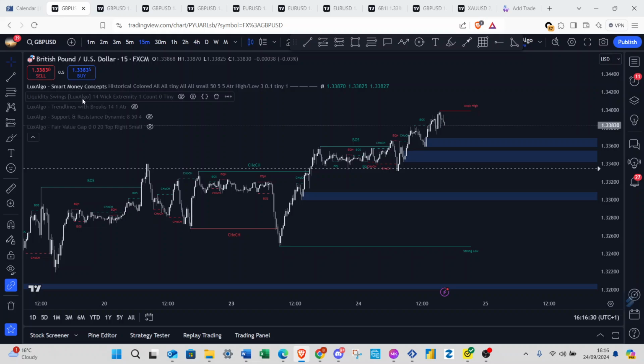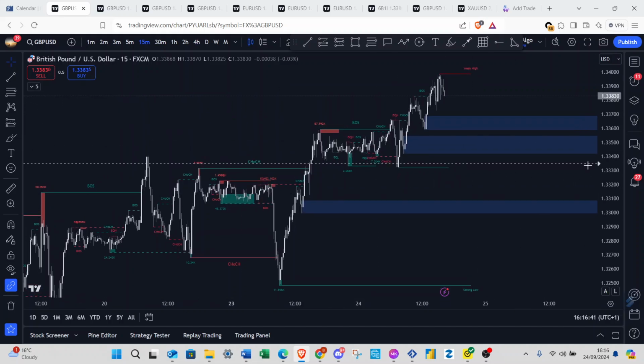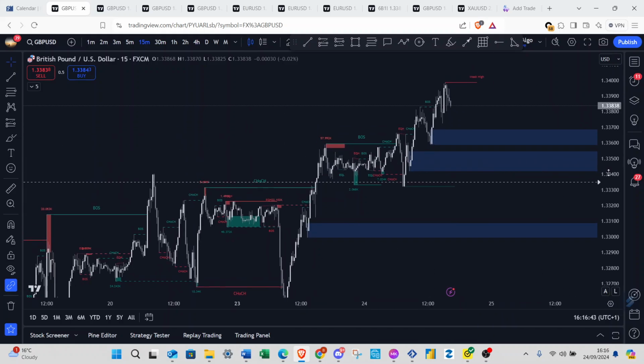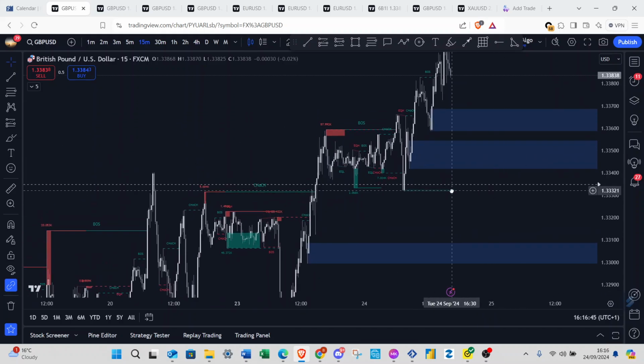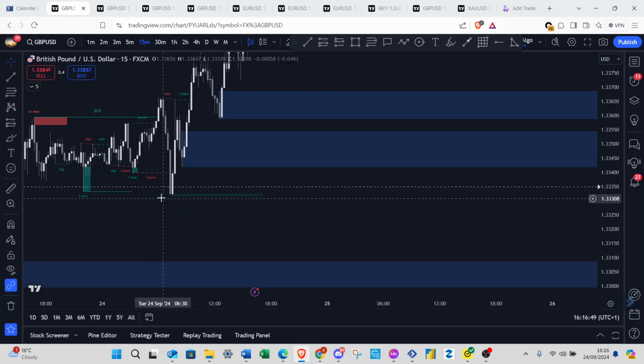So the next one we have is liquidity swings. Now we can just see where they come on here. This is what I use in my trading a lot, where you have the swing and then the price reverses. Like this was one today. Definitely one. That's what I was trying to get involved with.